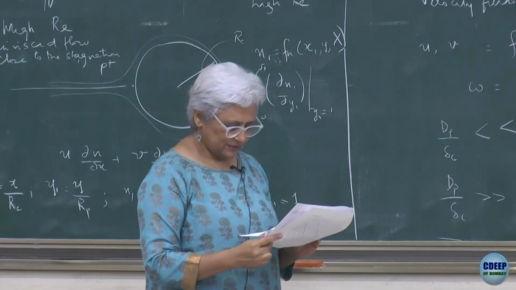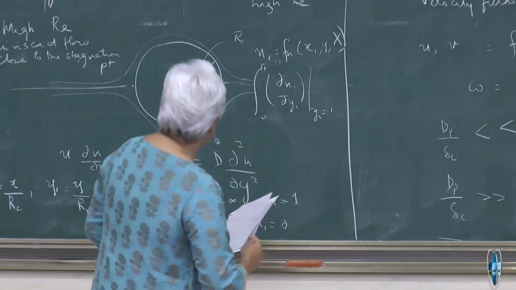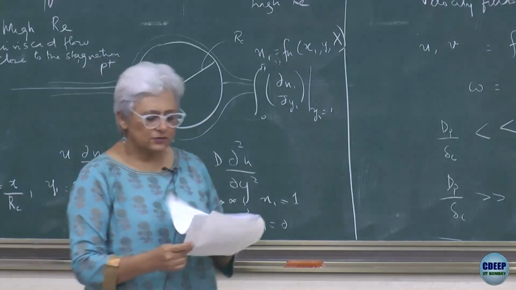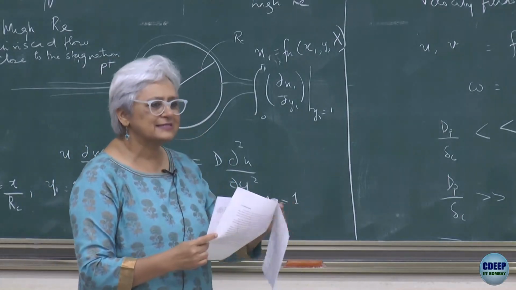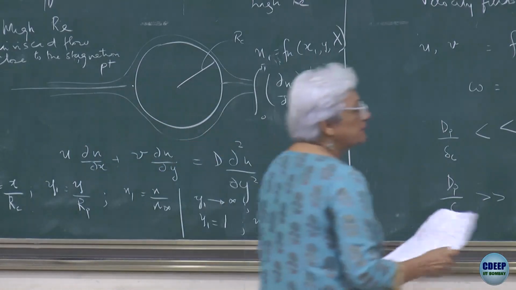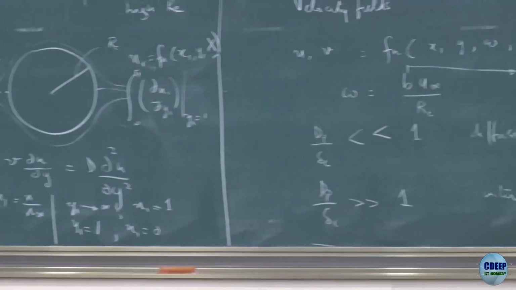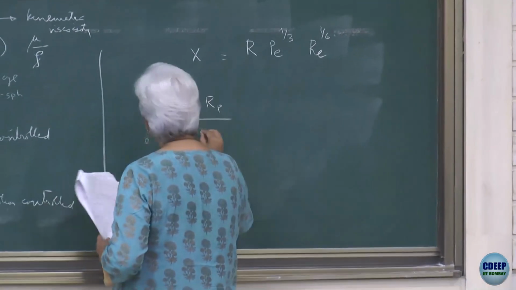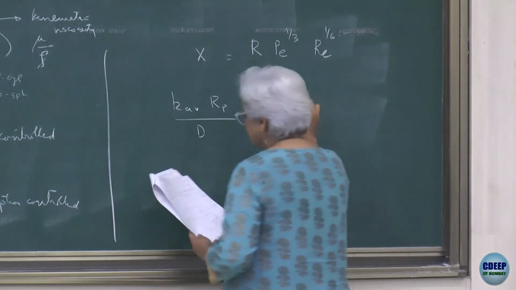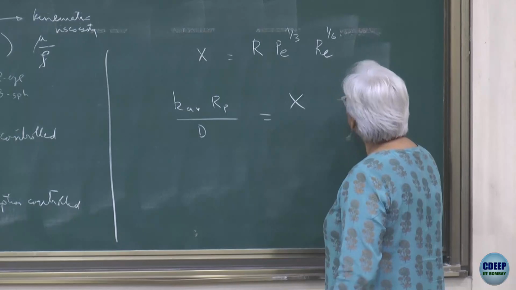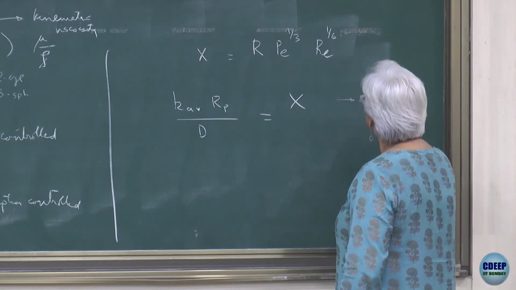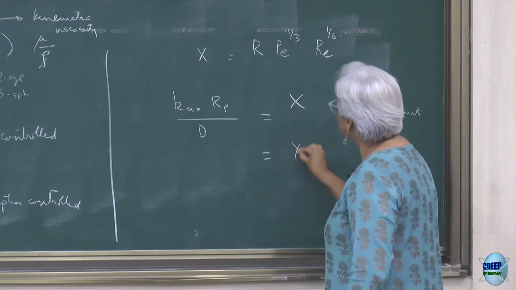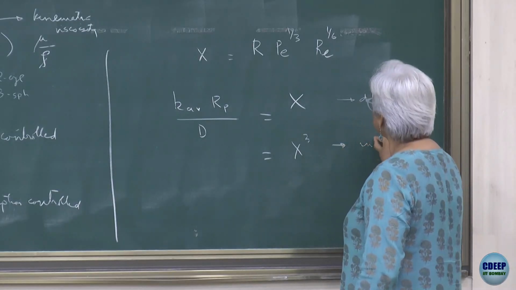I made a mistake here. So now that the method is the same, I'm just going to go ahead and put up the solution, and the solution looks like this. It is equal to X in the diffusion limit and is equal to X cubed in the interception limit.